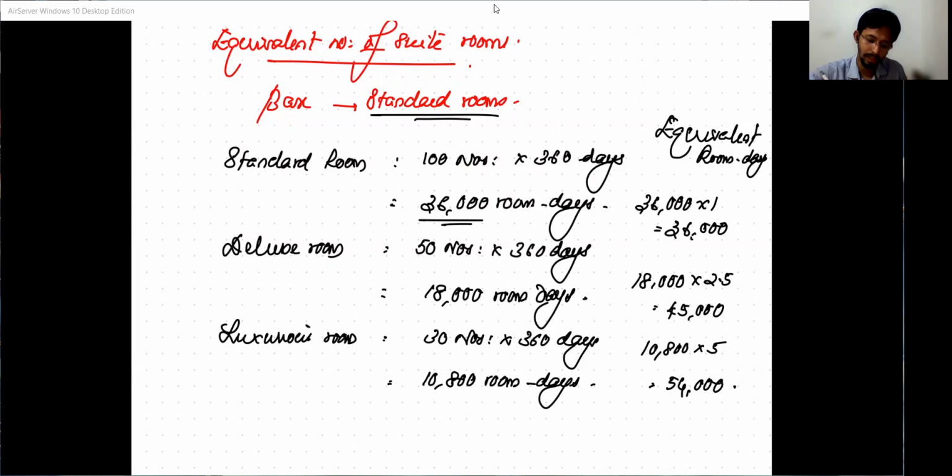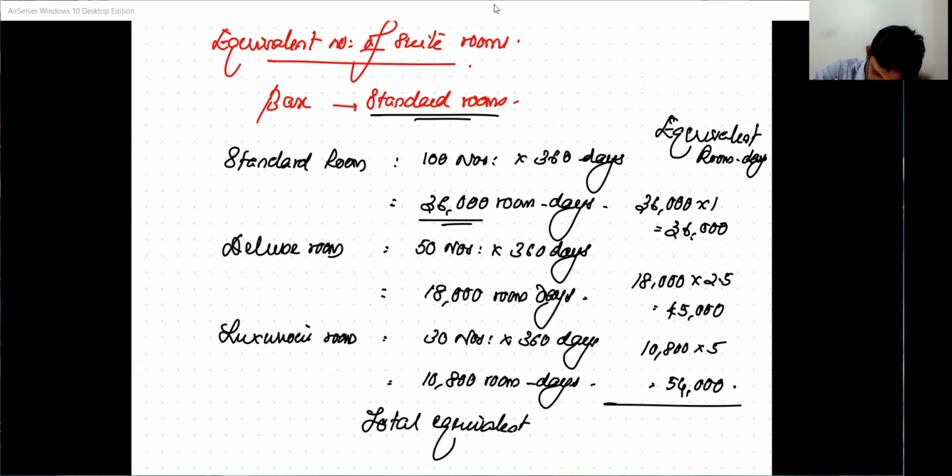So if you see the total equivalent number of room days, this is equal to 36,000 plus 45,000 plus 54,000. That is 135,000 room days.